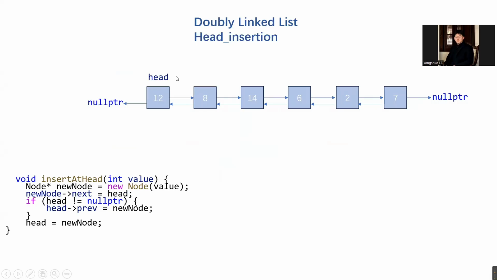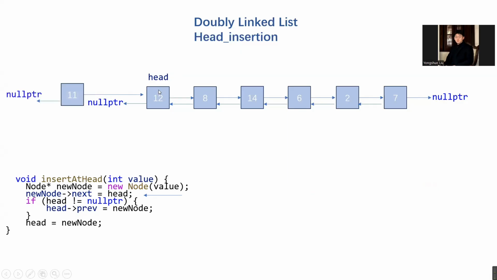So next, I will let you know how to use the double linked list to implement the head and the tail insertion. For the head, first we need to create a new node as well, and it has a previous pointer and next pointer, right? So let's continue to here. Because we are doing head insertion, we set the new node's next to equal head, like this.